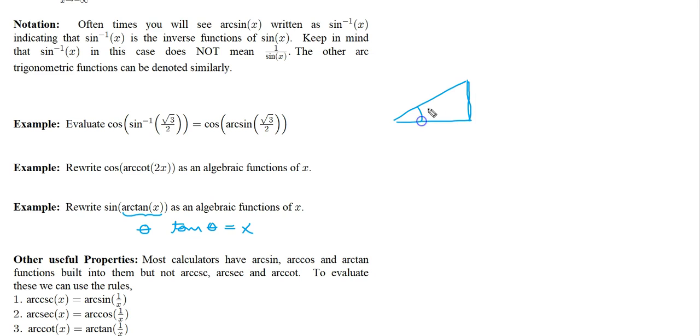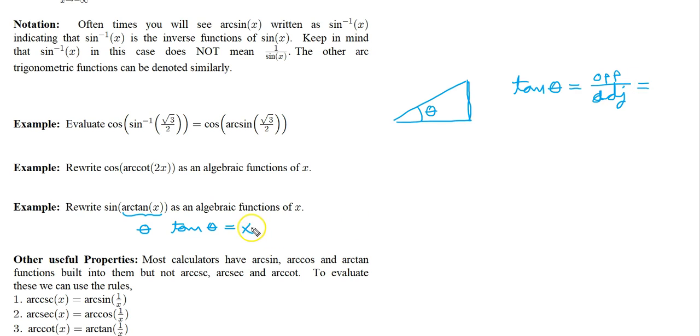So if we label this as theta, and recall that the tangent is opposite over adjacent, and then that's going to equal x.